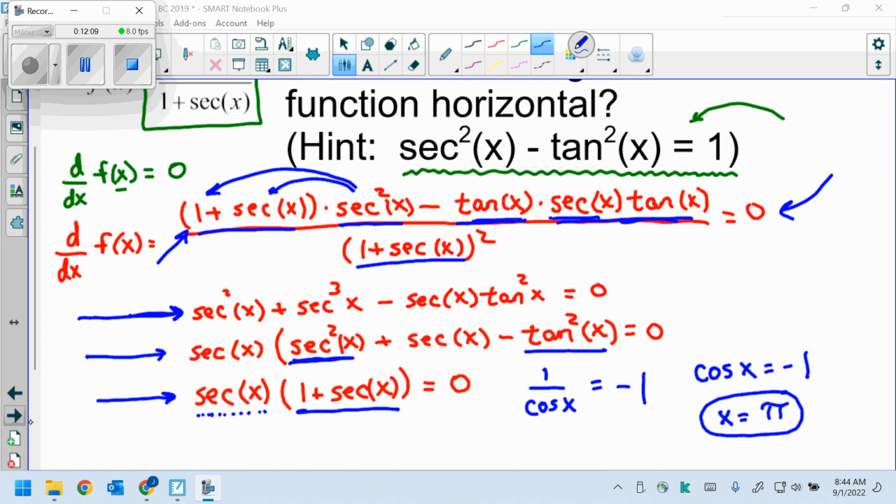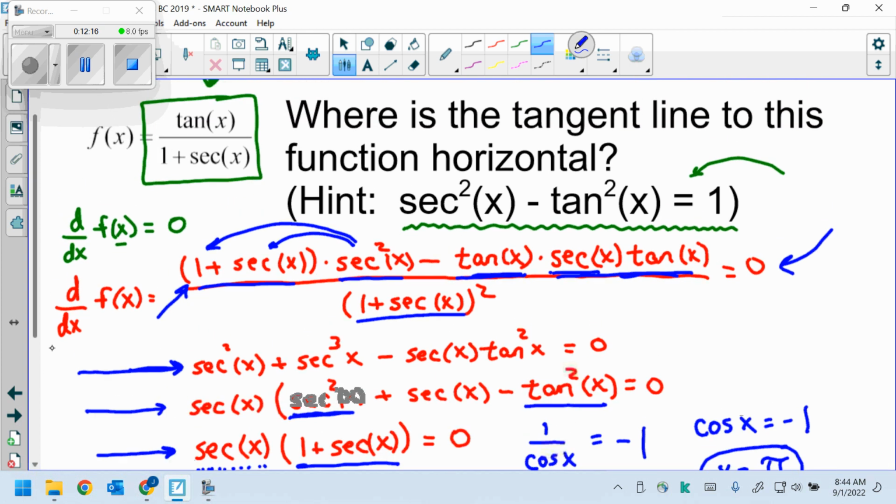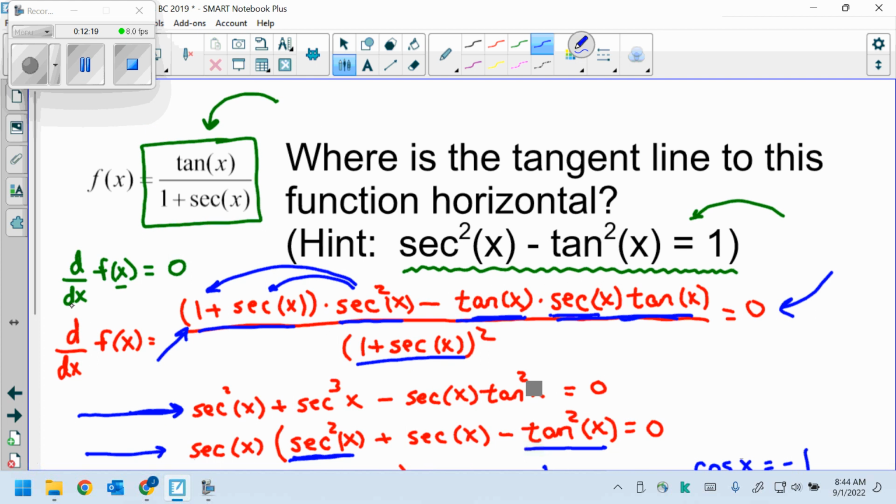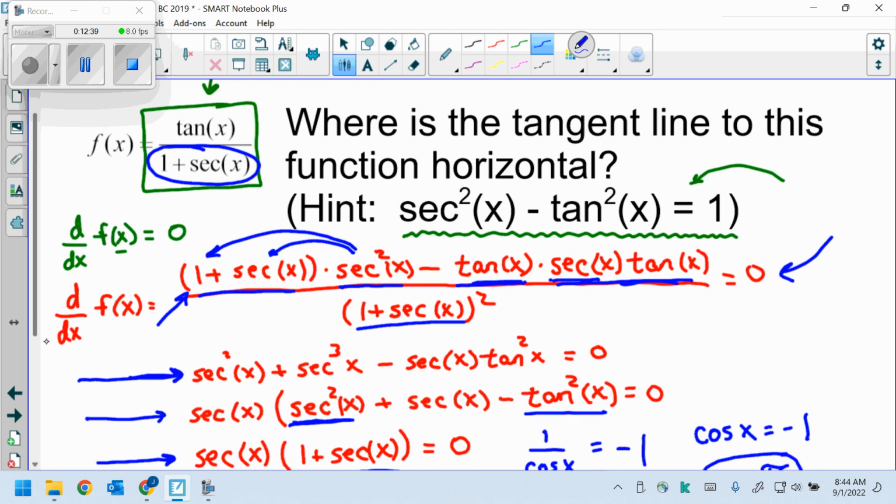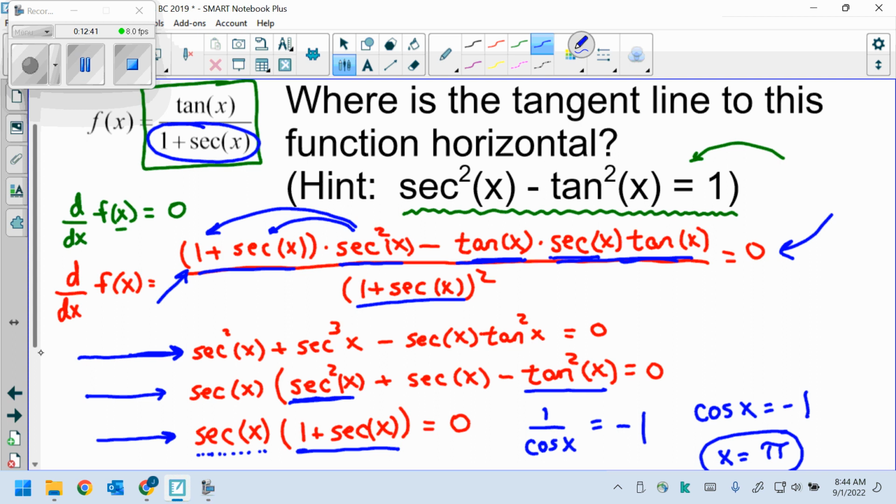You know, nice solution. This is our original problem. Would pi make the bottom 0? Is pi even in the domain? I don't think pi is in the domain of our problem.